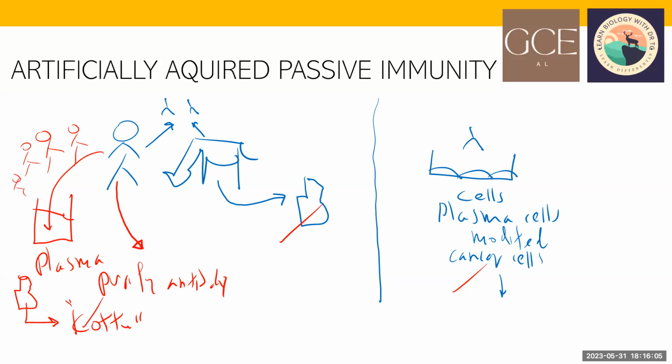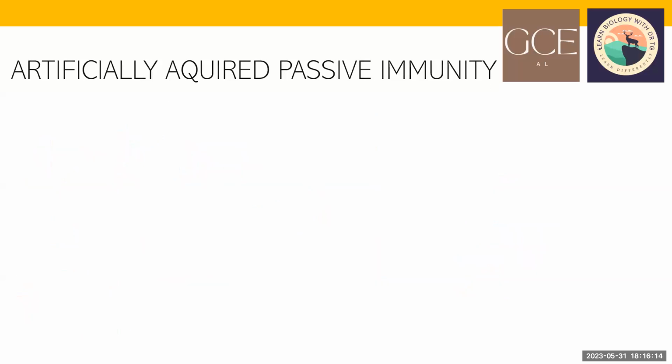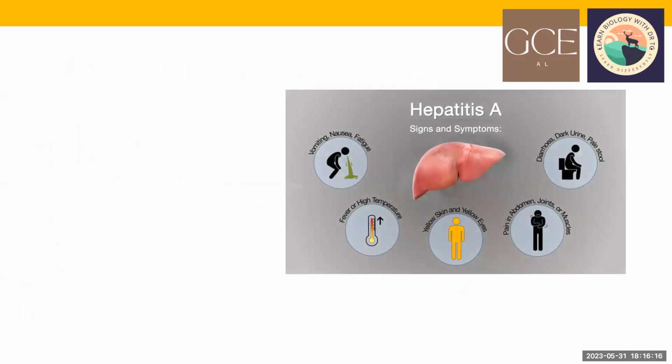Now, why do we need these antibodies? Mainly for diseases and other purposes. We can inject these antibodies into a person if we have some problem. For example, hepatitis A is a viral disease transmitted by food and water, and then the virus moves into the liver and tries to live in the liver cells.